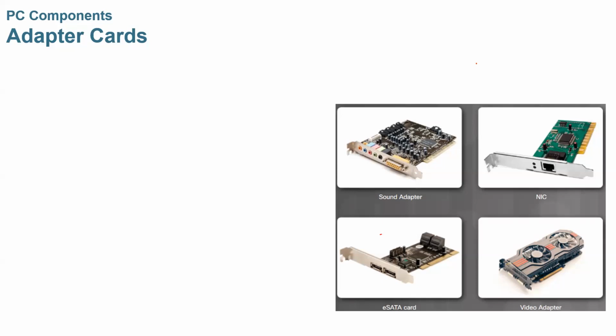You may buy a sound adapter or a sound card. A NIC means network card. And then the SATA connector, that means you have a problem with your SATA connectivity. They are no longer working. Then you have video cards. People like games. You can buy a video card and mount it to your machine. You can buy a TV card and your laptop becomes a TV rather than buying a TV.